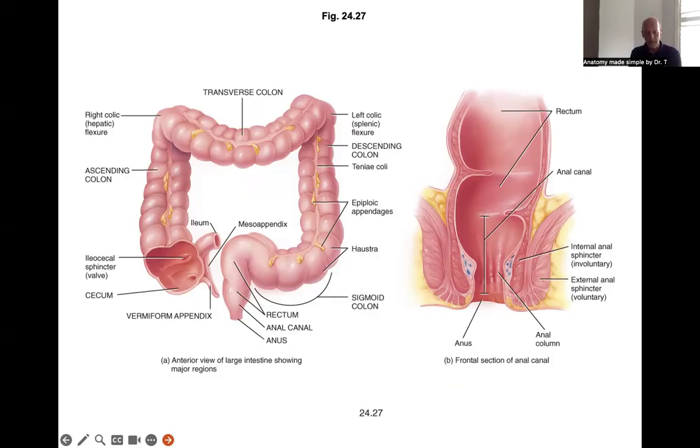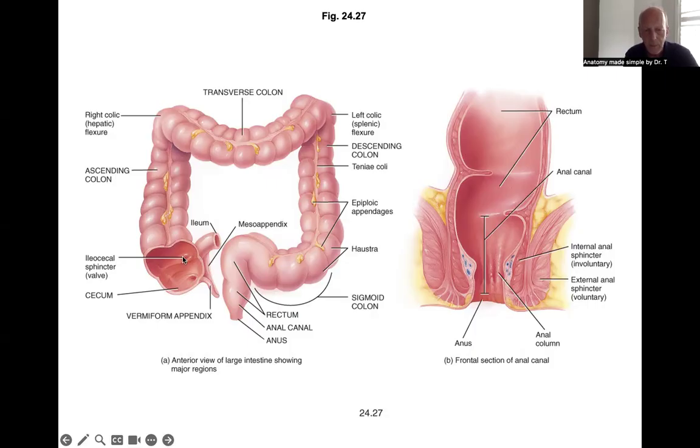the small intestine. So as we start describing and defining what the large intestine is, basically we have to first look for the terminal part of the ileum, which comes and directly connects here to the first part of the large intestine, which is called the cecum.